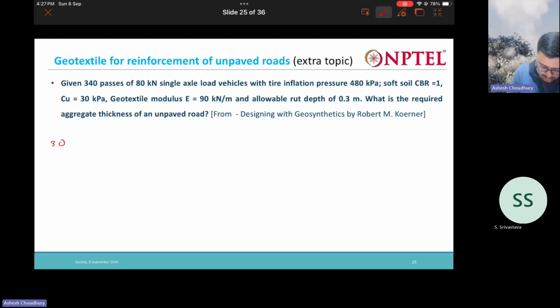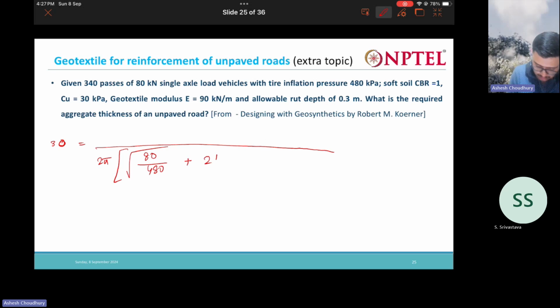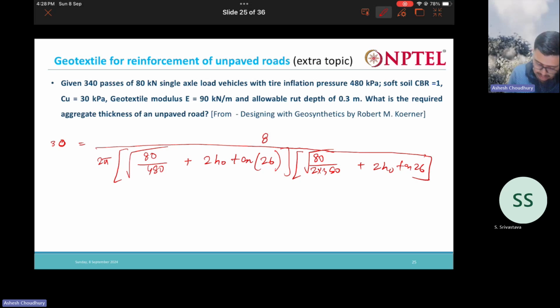So 30 is c is equal to 80 axle load by 2π, tire pressure 480 plus 2 h_0 tan 26, where 26 degrees is the α_0 we are considering, root over 80 by 2 into 480 plus twice h_0 tan 26.